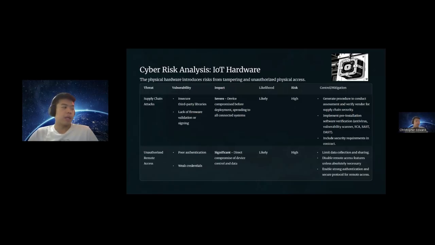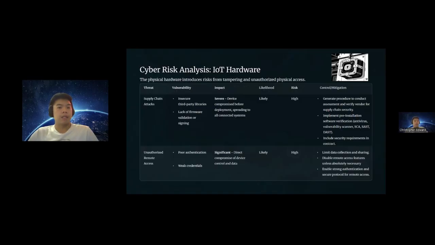The second threat is unauthorized remote access, often due to weak or default authentication settings. This could give attackers full control of the device. The impact of this risk could be significant because it can directly compromise device control and also data.